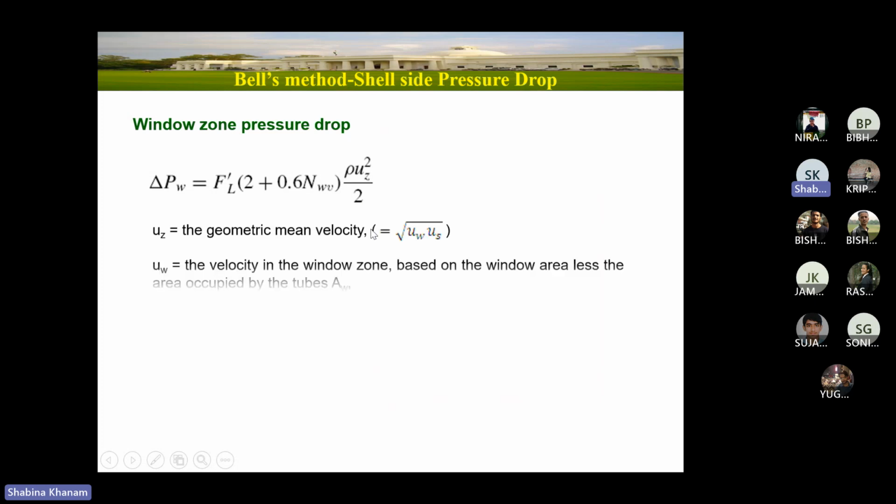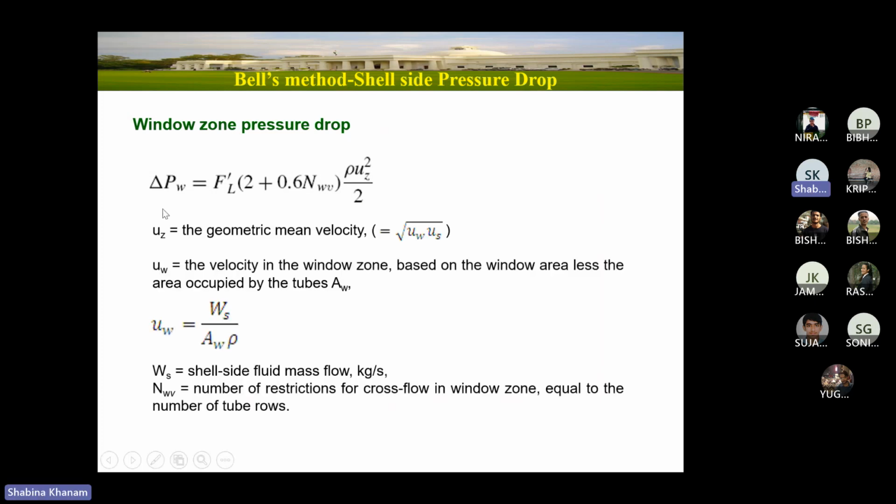Now UZ, when I am considering the window zone, UZ will be the geometrical mean of UW and US. Actually, when we consider the window zone, all these zones are connected. The effect of one zone you can study on another zone.